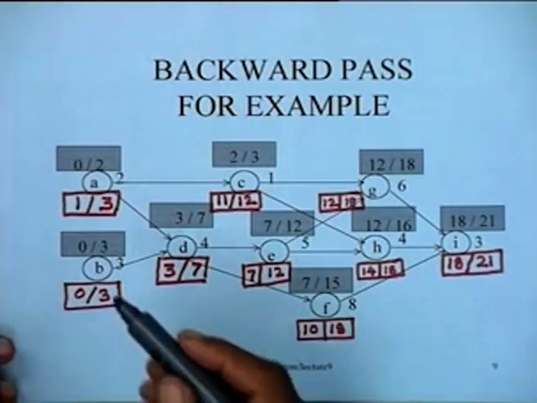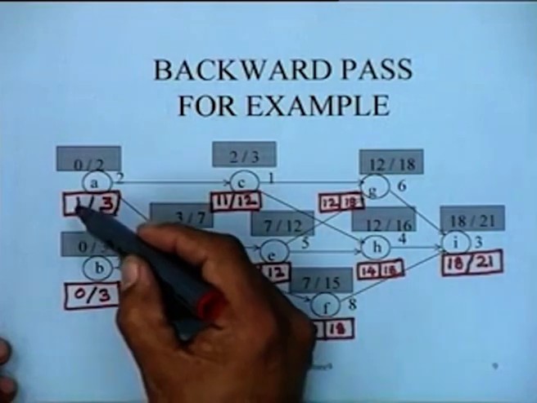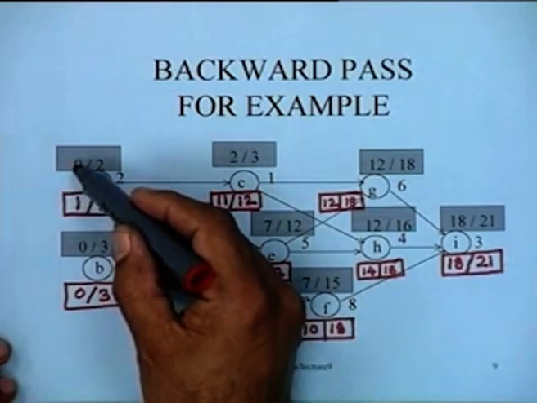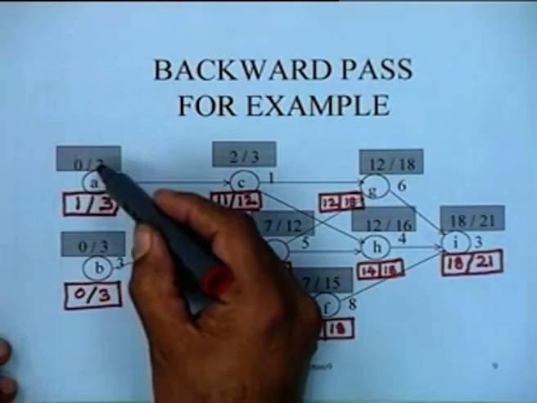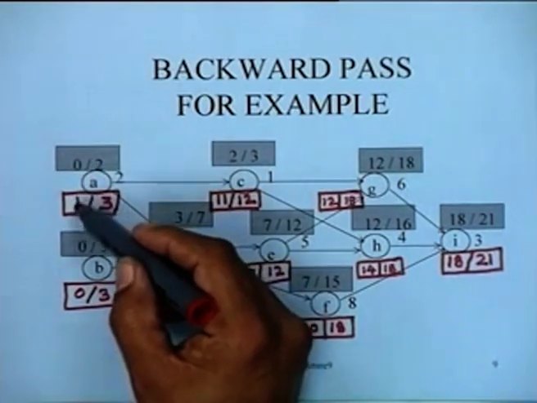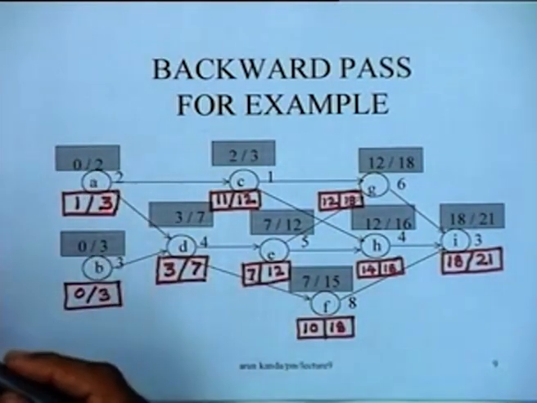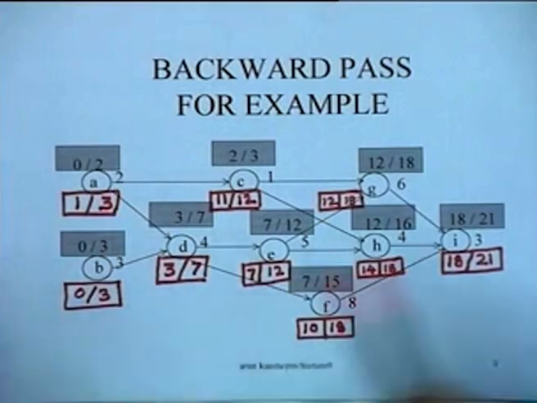What we can do is we can very easily compute the total float, because the total float is nothing but the late start minus the early start, or the late finish minus the early finish. So this computation can be done. For instance, activity A has a total float of 1 and activity B has a total float of 0, it being a critical activity.